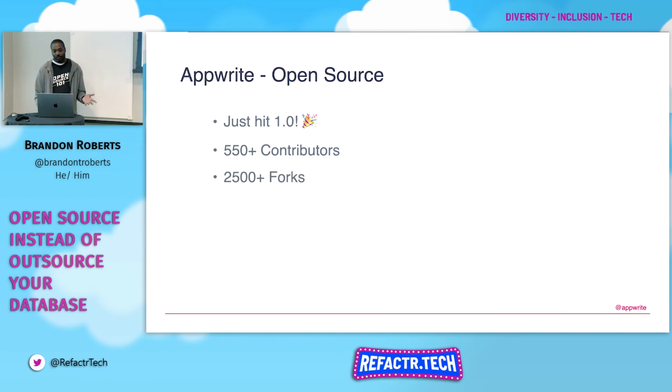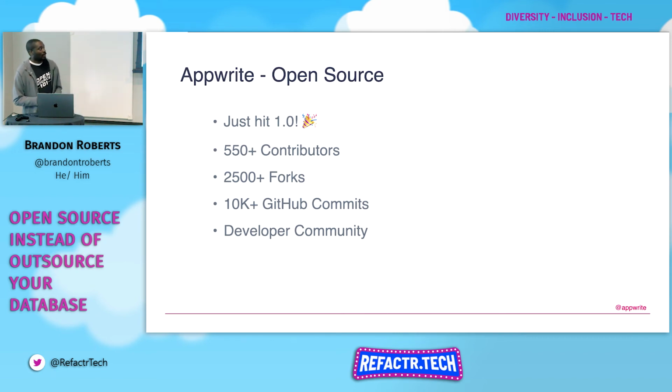We have over 550 contributors. Forks means a lot of people have forked the project, either to take a look at it, run it on their own, and check it out. 10K GitHub commits, it's a really active project. A large developer community of people that have wanted to get involved in different ways, and a Discord community there.